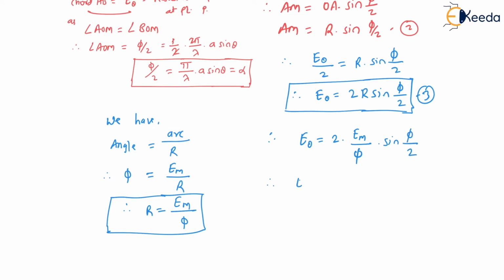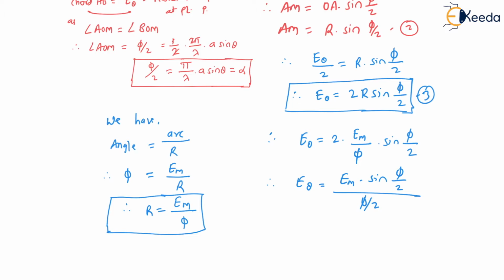Or for our convenience, we write this equation as E theta is equal to Em into sine phi by 2, whole divided by this phi by 2, which is in multiplication with this 2.